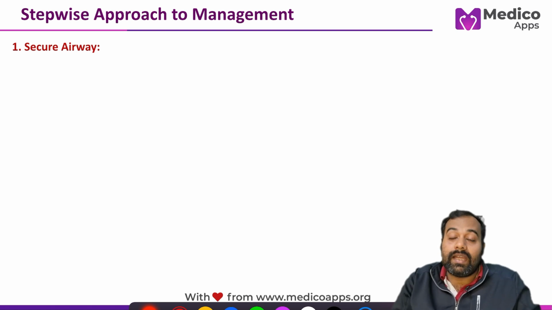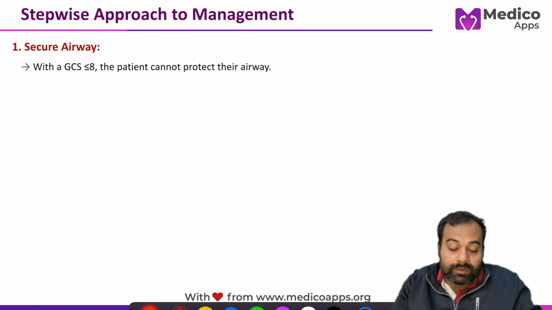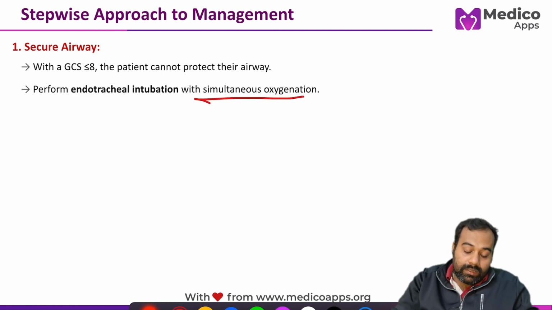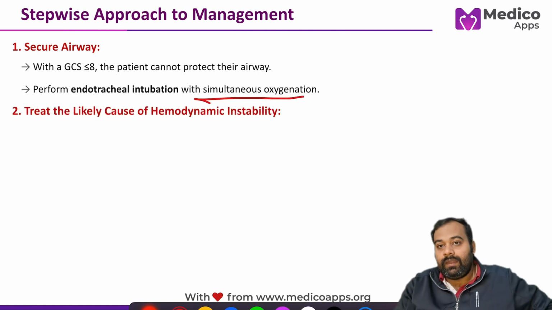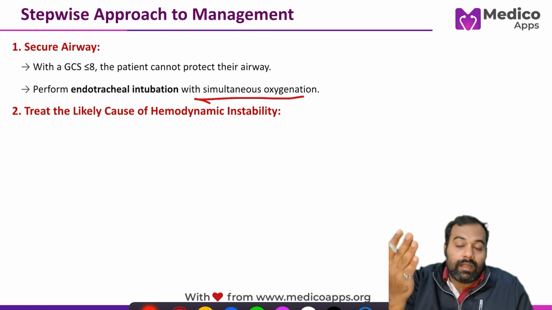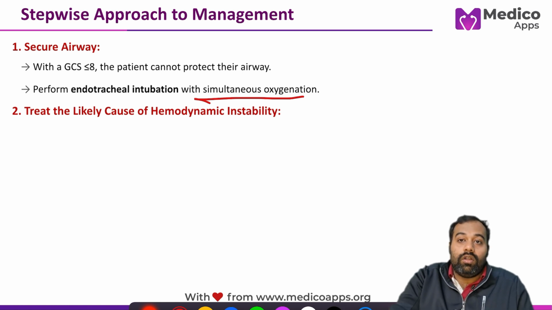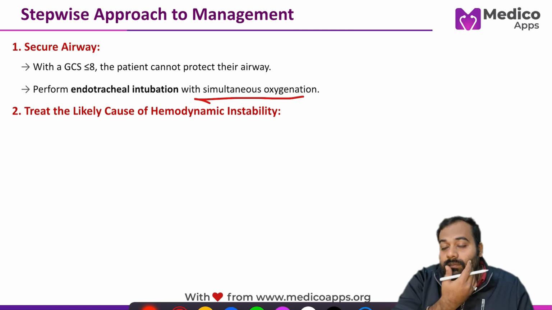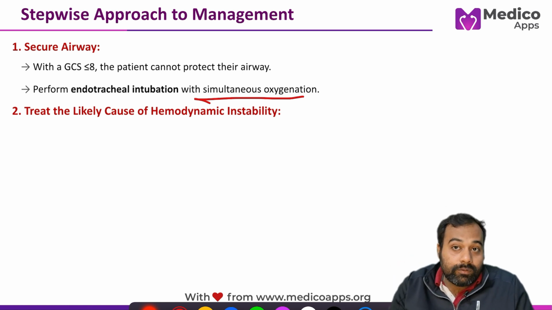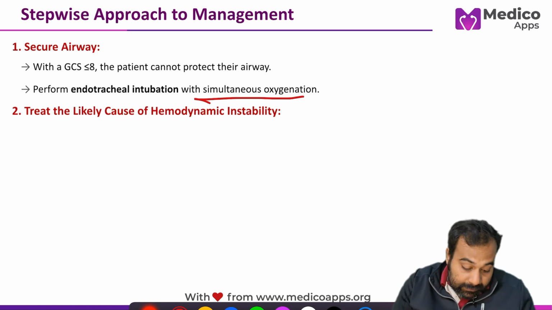We have to take care of the airway and possibly intubate the patient with endotracheal intubation, with simultaneous oxygenation, followed by B, that means breathing. To look for the breathing, we have already got some evidence of tension pneumothorax, so that is supposed to be taken care of by us.